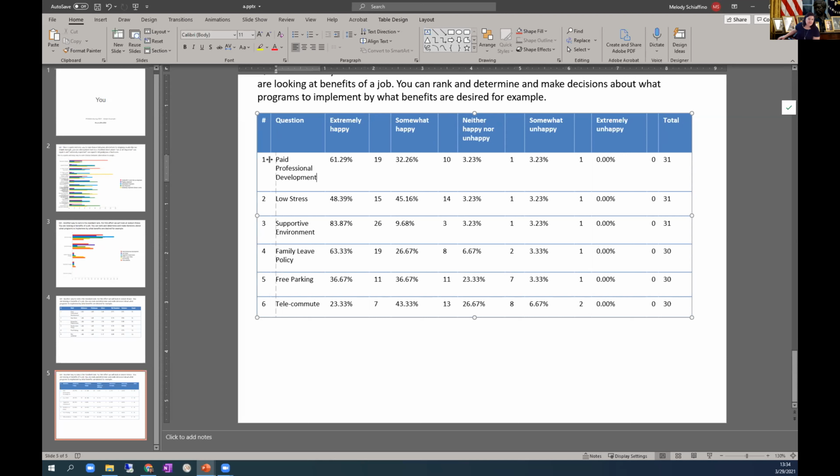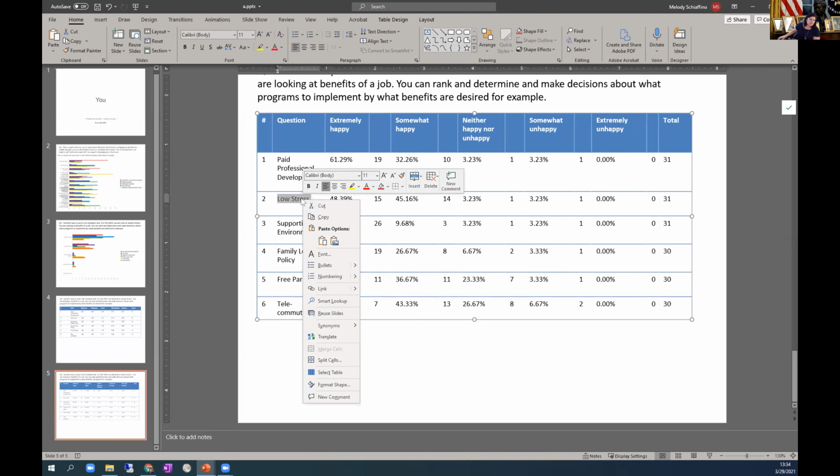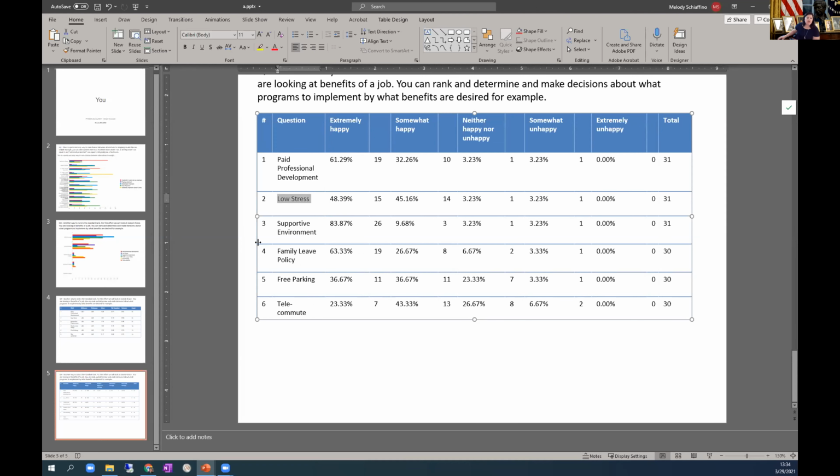So here it would be something like aligns with our strategic plan. We can afford it right now. We can afford it in 5 years. Supportive environment, or not supportive environment. Management buys into it. Employees love it. It will increase our revenue.